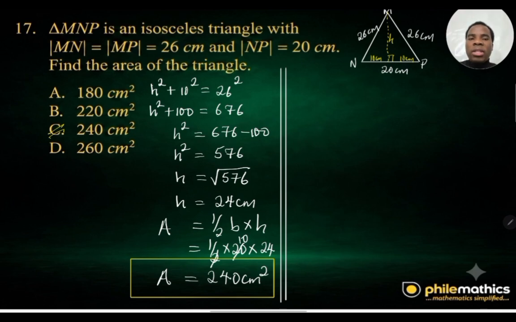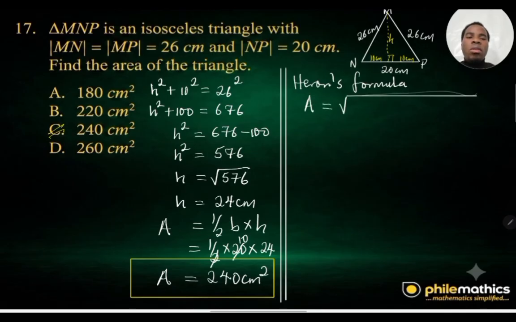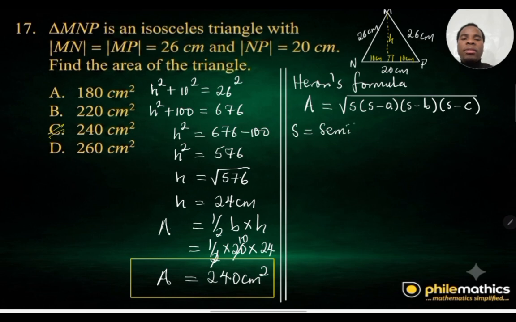But now we'll look at the second formula. Heron's formula simply says the area is square root of s times s minus a times s minus b times s minus c, where s is the semi-perimeter given as a plus b plus c over 2.